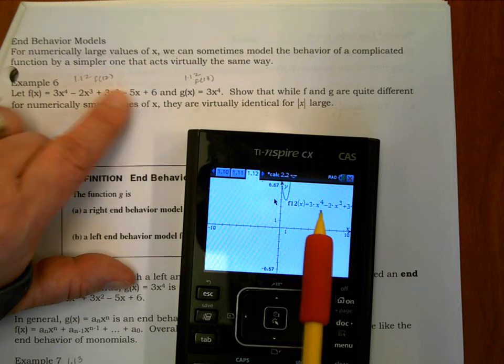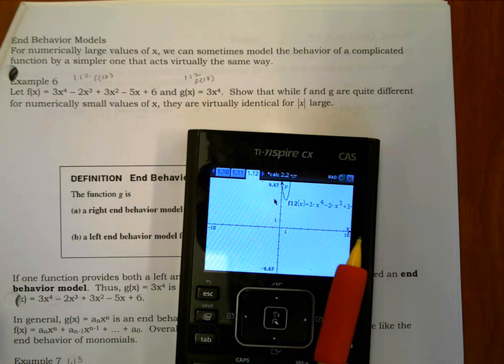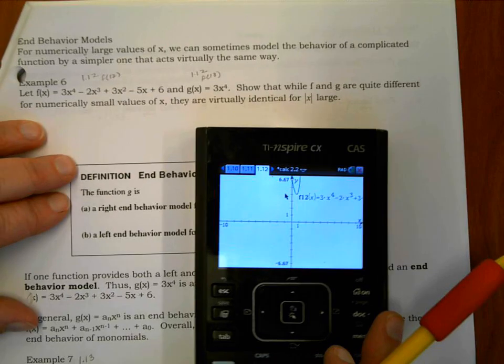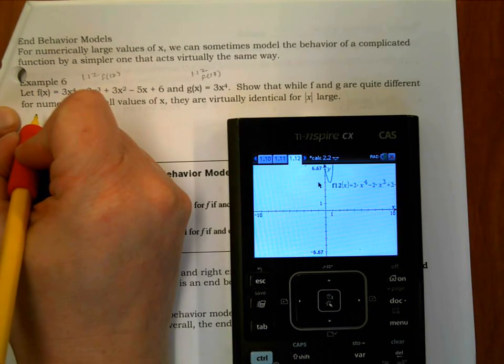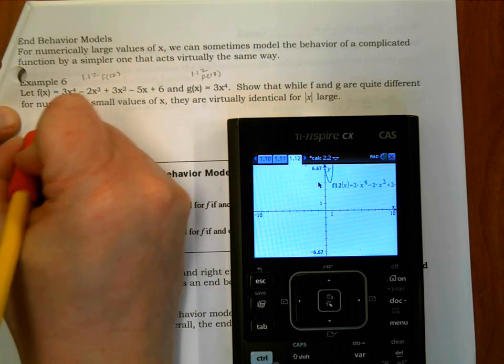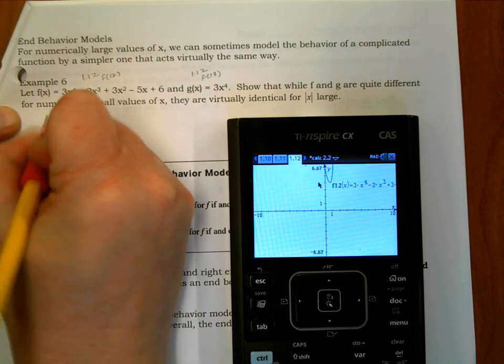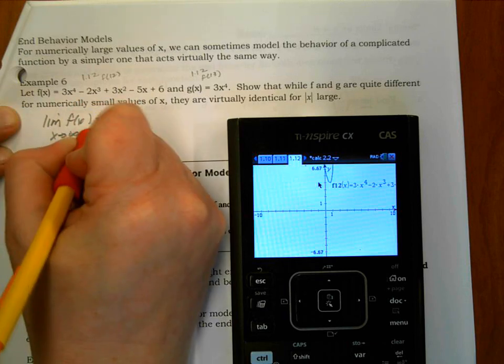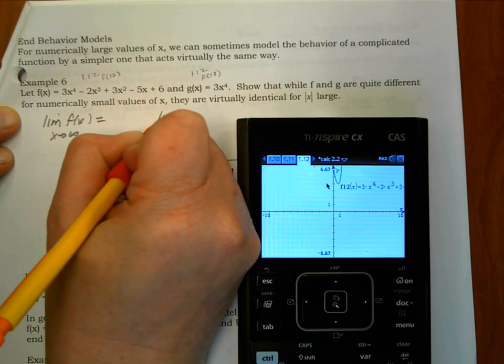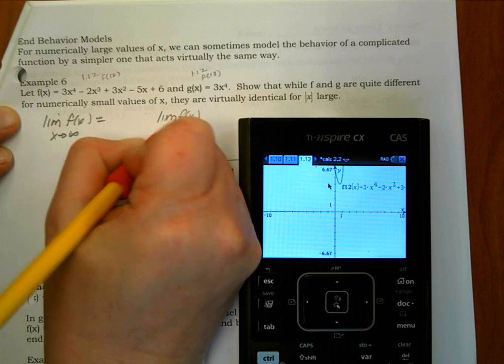I want to know what happens to this as x gets really, really big and really, really small. So this is back to end behavior. This is the graph of this f of x, and I want the limit of f of x as x approaches infinity and as x approaches -infinity.